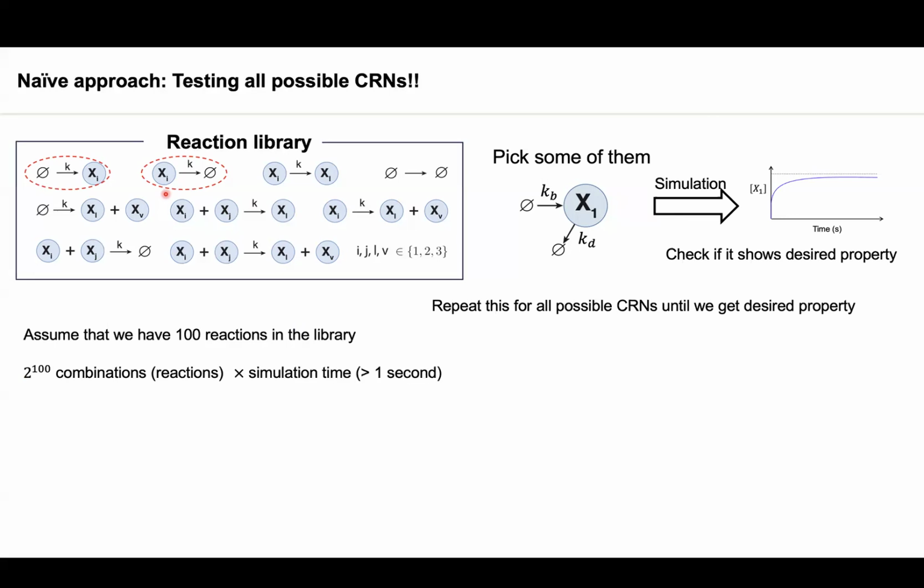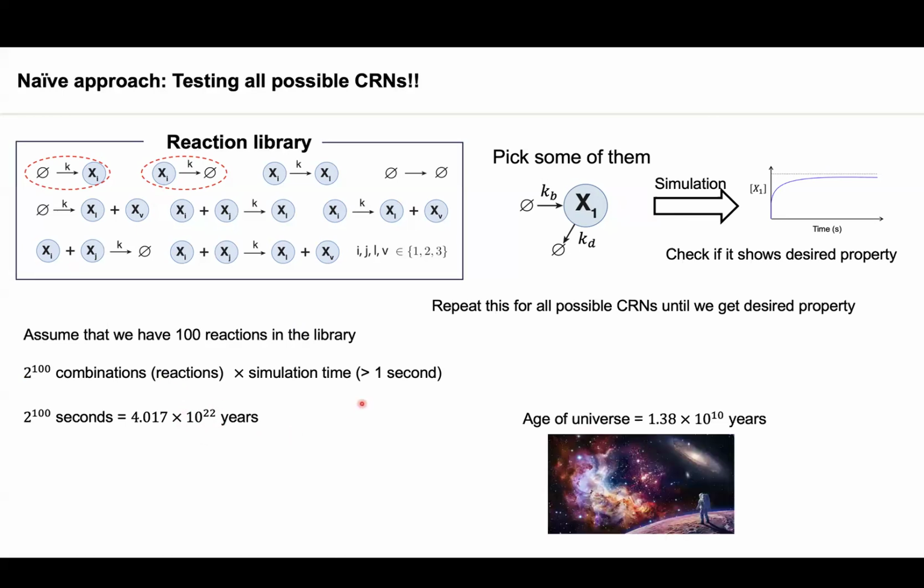If we assume that we need 1 second for simulating one CRN, then we take 2 to the 100 seconds, which is 10 to the 22 years. But the age of the universe is 10 to the 10 years. So you would have to watch the Big Bang 10 to the 10 times to finish this simulation. So it's impossible.